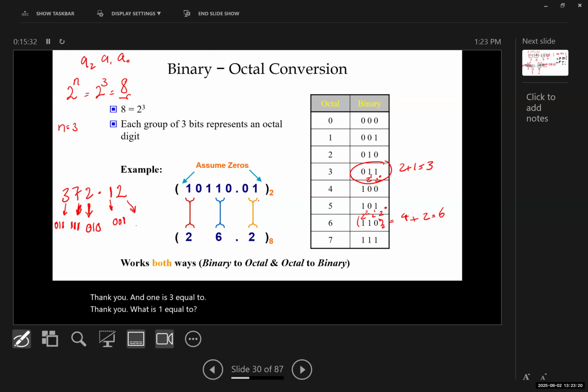And what is 2 equal to again? 0, 1, 0. So the binary number is going to be 0, 1, 1, 1, 1, 1, 0, 1, 0, 0.001, 0, 1, 0. So now you can see it's much easier to do it this way than to go to decimal and then convert it back and so on.